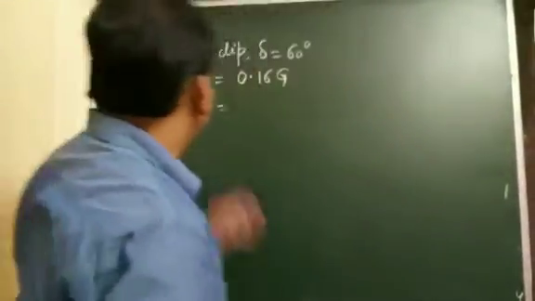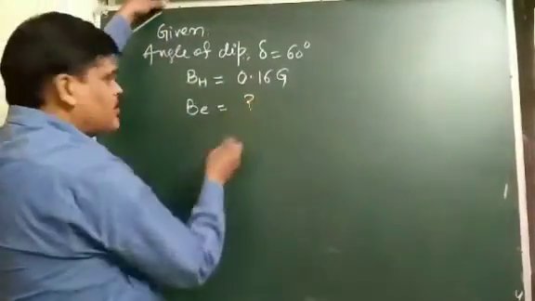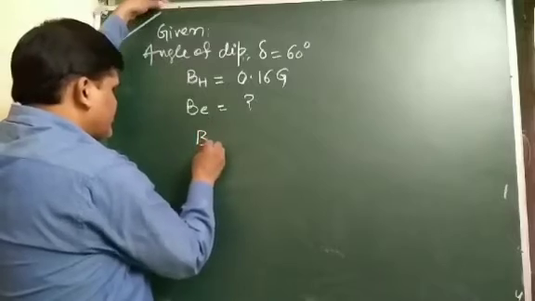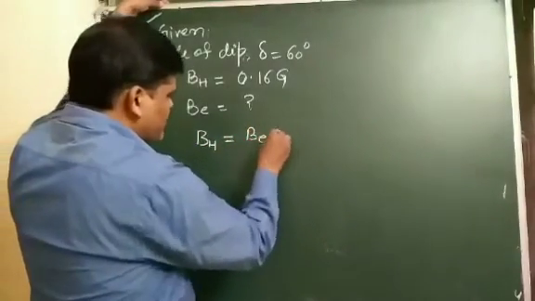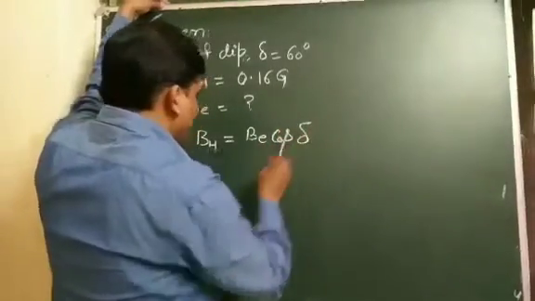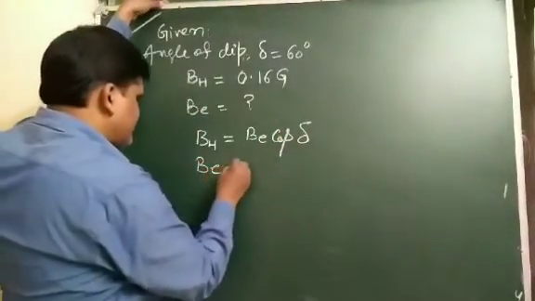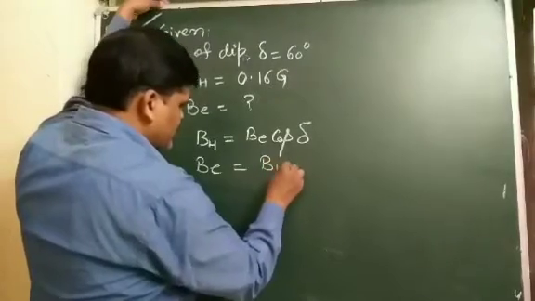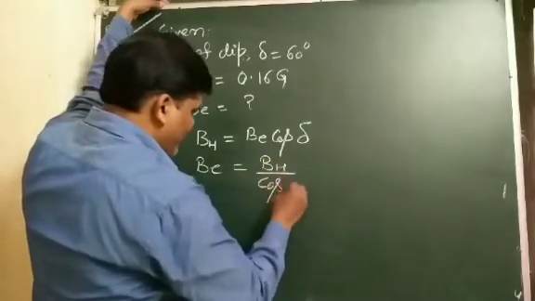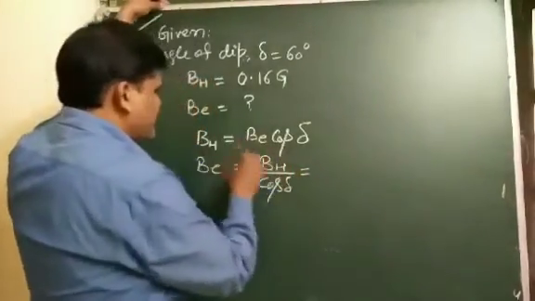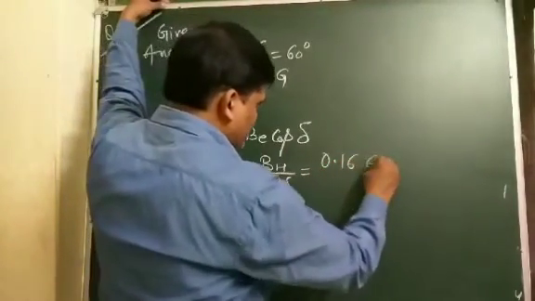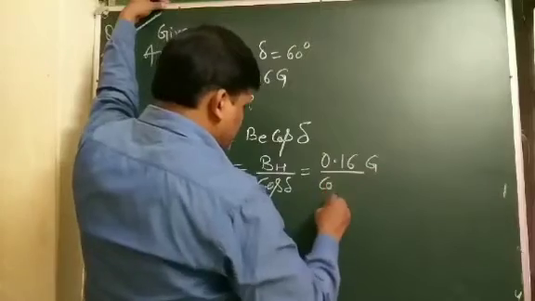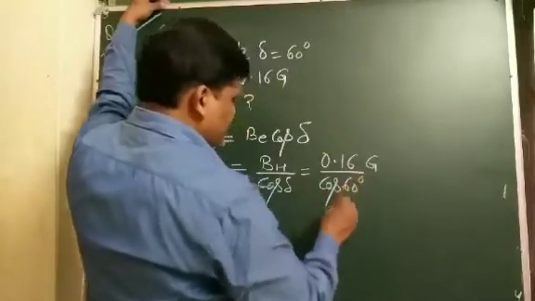You know the formula: the horizontal component of Earth's magnetic field BH is equal to BE cos delta. So BE is equal to BH by cos delta, and BH is 0.16, and cos delta means cos 60 degree.